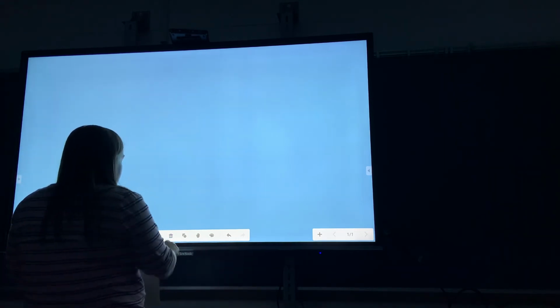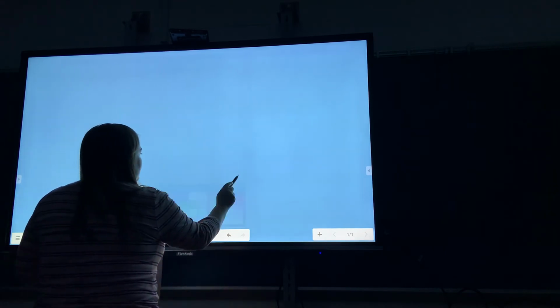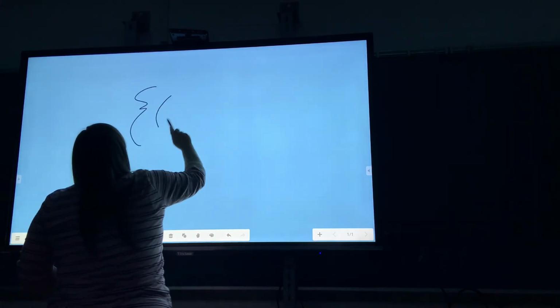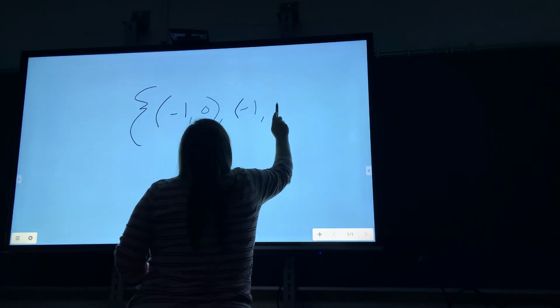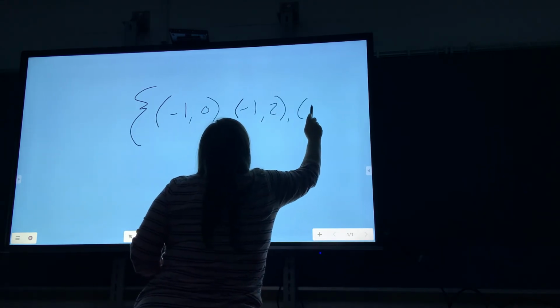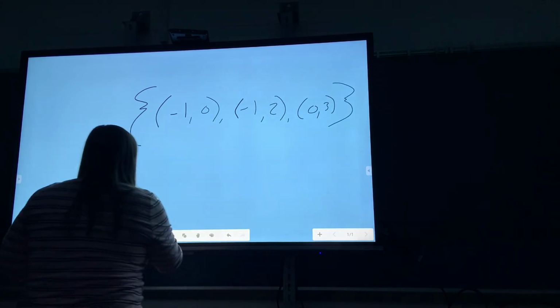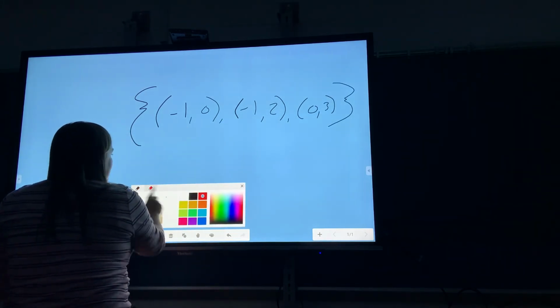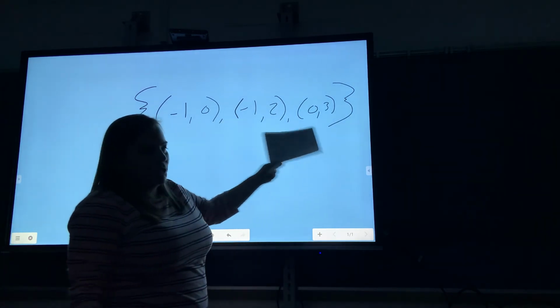And then let me give you an example of one that is not a function. So (-1, 0), (-1, 2), (0, ...). Sometimes you could get a lot of points. I'm just writing really big.